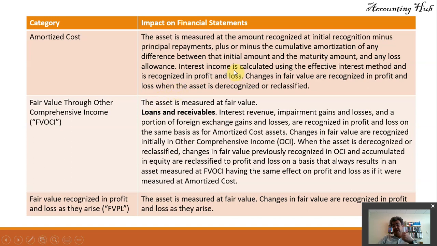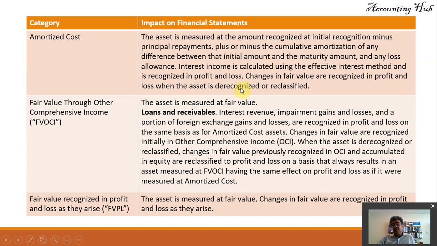Changes in fair value are recognized initially in other comprehensive income. When it is derecognized or reclassified, we move it to profit and loss.